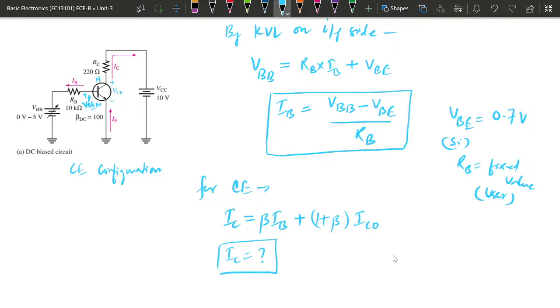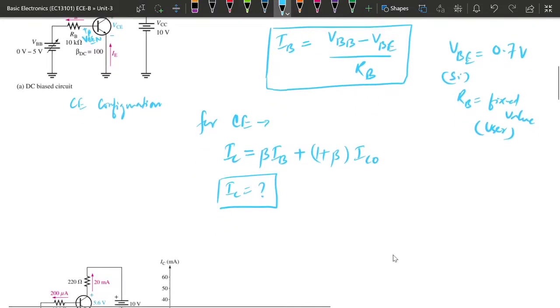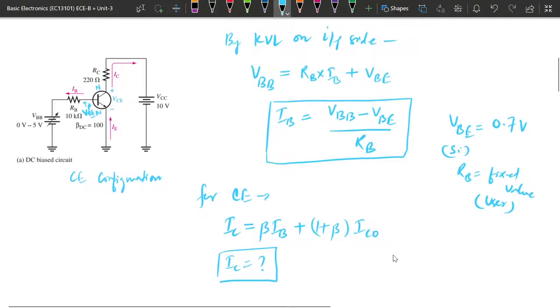Okay, so once we have obtained the value of IC, that IC will decide the voltage across the collector and emitter terminals, that is VCE.